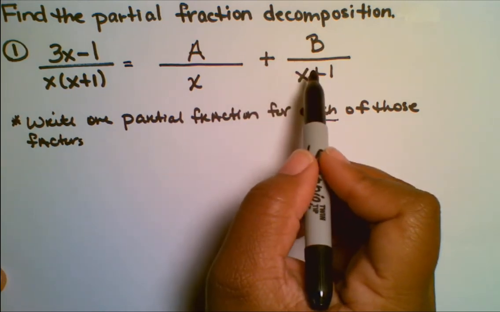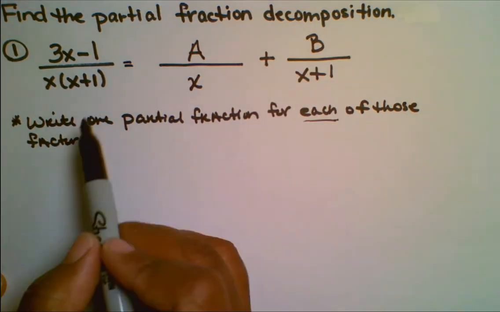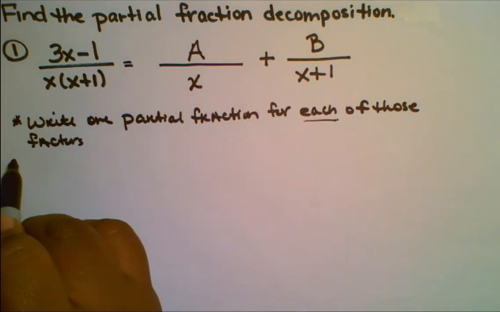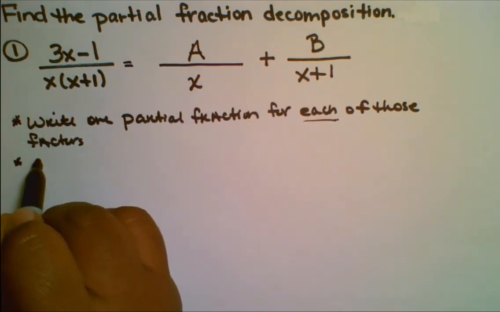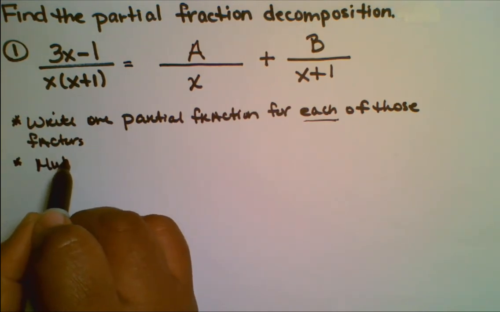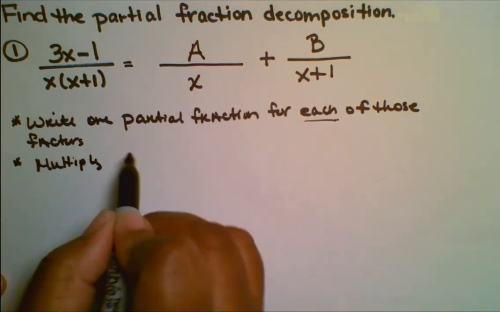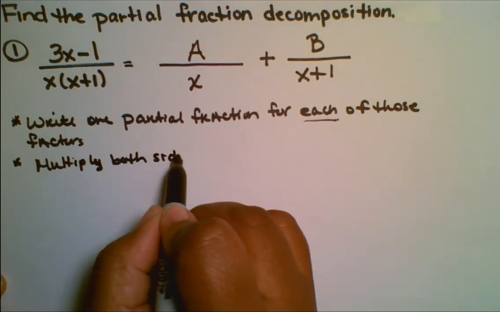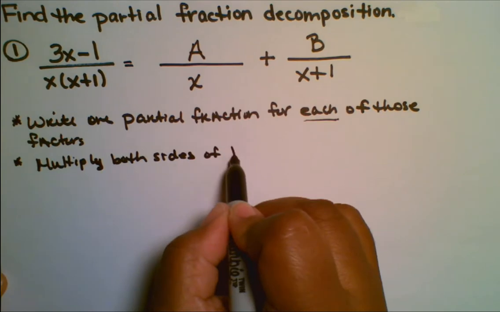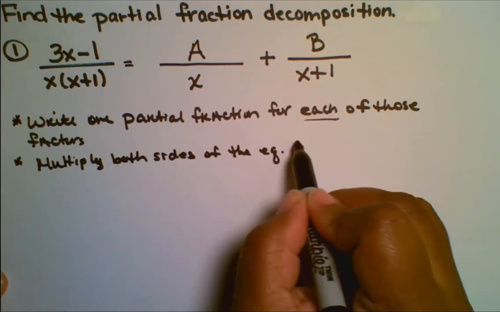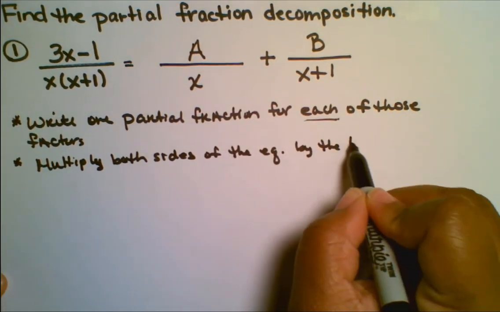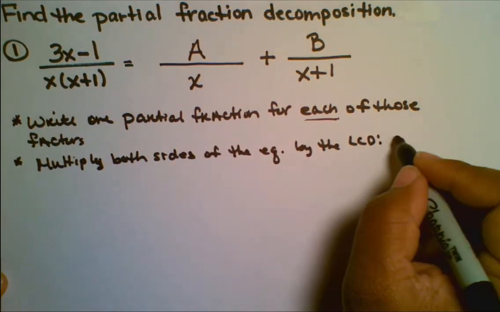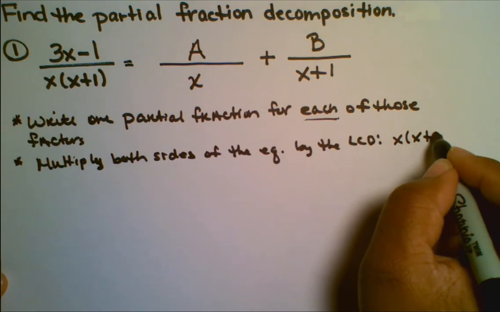After that, our goal is to eliminate the denominator. So we're going to multiply both sides of the equation by the LCD, and the LCD here is x times x plus 1.